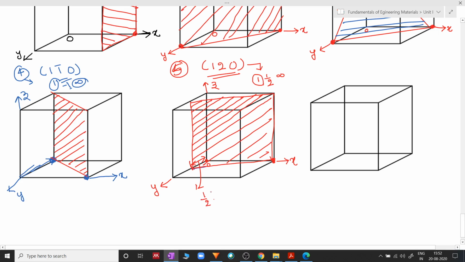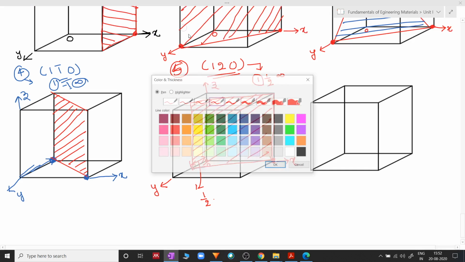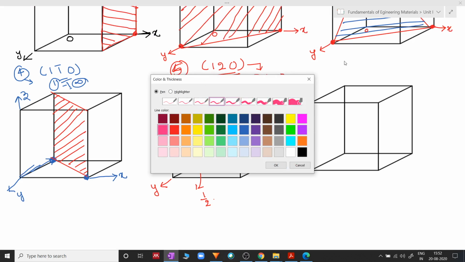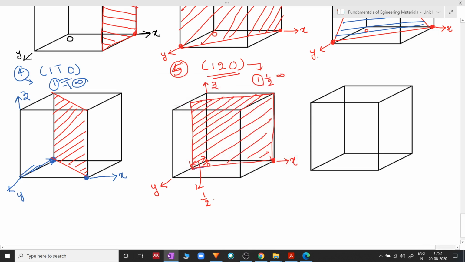Sometimes there will be negative, and also the value may be more than 1. So let us do that example as the 6th example. Here, 6th example, 2 0 1 bar, let us say. Now I should have a negative z axis.